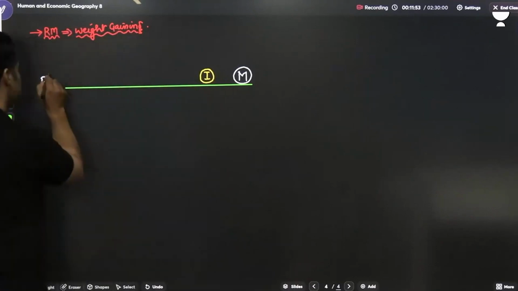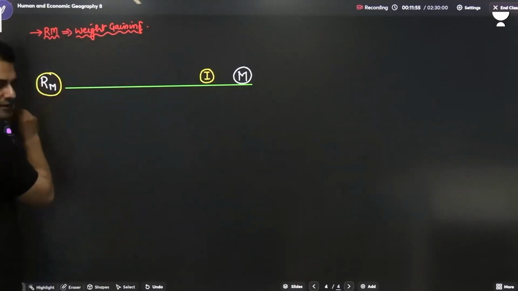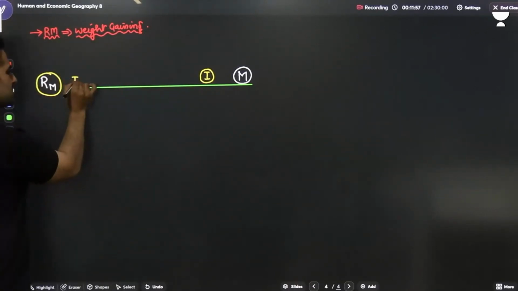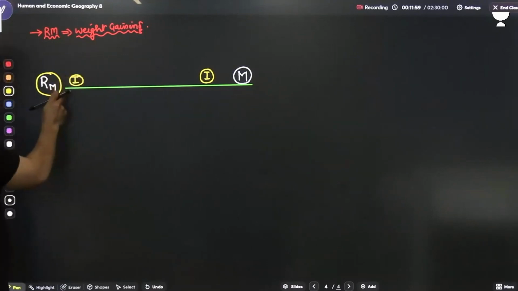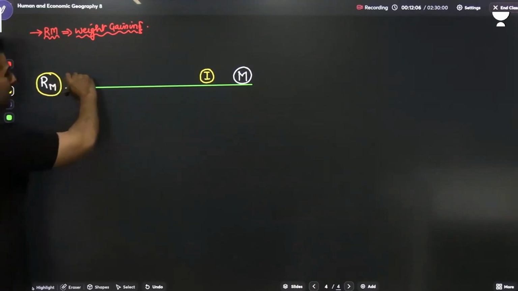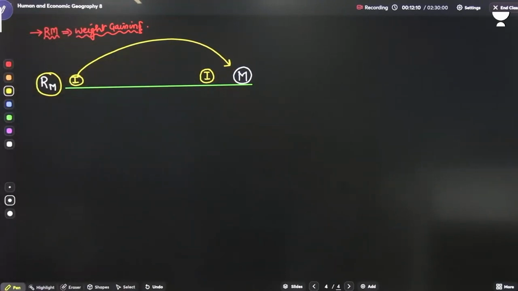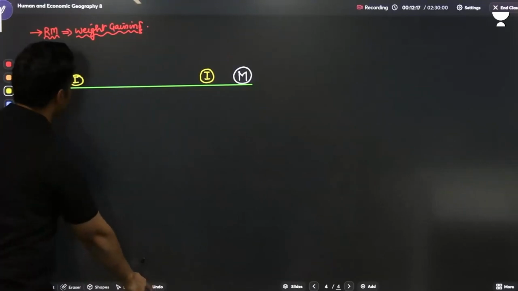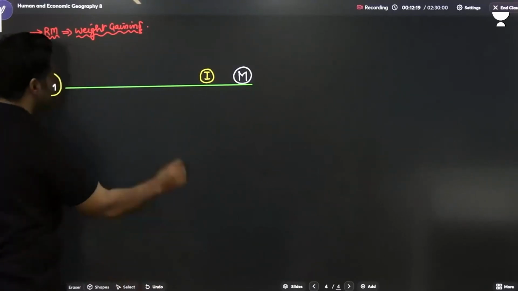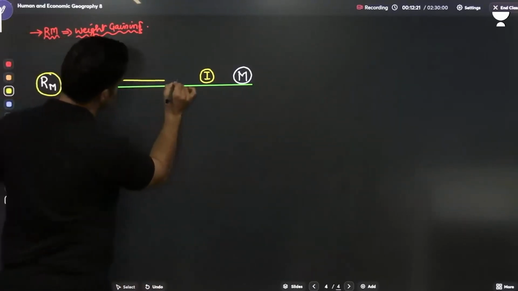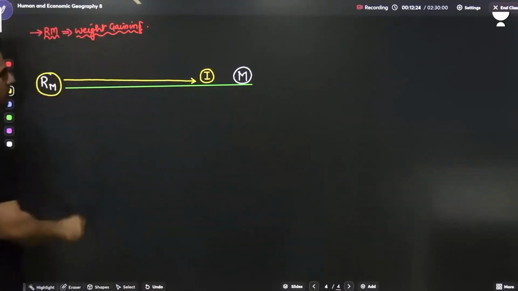Why? Because initially raw material is lighter. If we establish industry here, this will not be economically beneficial. Why? Because as raw material is lighter, if you process this material here and then transport it to the market, there will be significant transportation cost, labor cost, because material has now become heavy. So to reduce that, if we transport this raw material here initially, what is raw material?